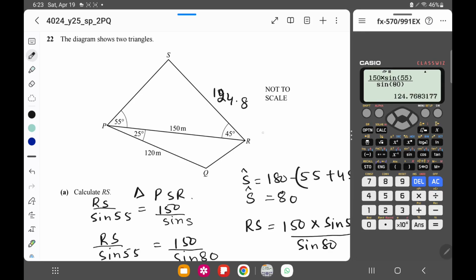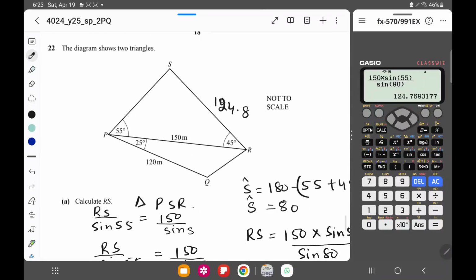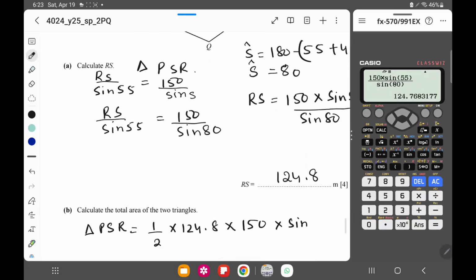So in triangle PSR, we'll calculate the area using half AB sin C. Half of 124.8 into 150, with the included angle sine of 45.